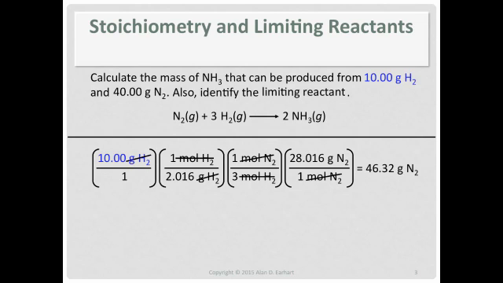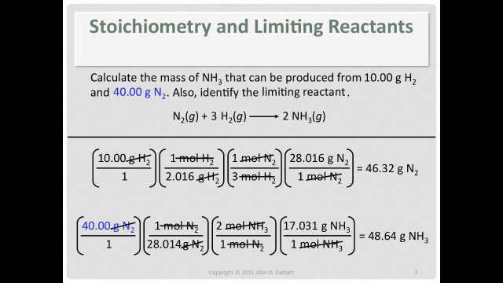I only have 40.00 grams of nitrogen gas. That means I have too much hydrogen gas. So nitrogen gas is my limiting reactant. Then I do my stoichiometry calculation going from N2 to ammonia. And I see that I can make 48.64 grams of ammonia.